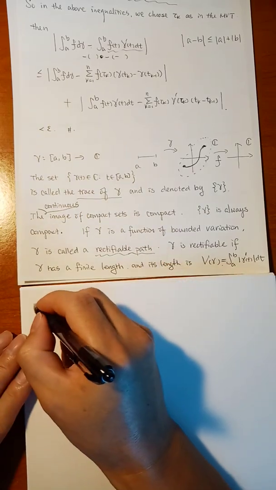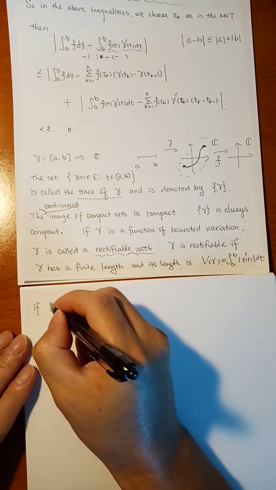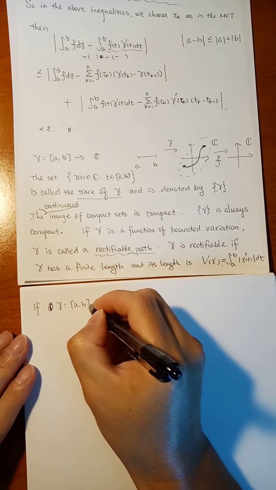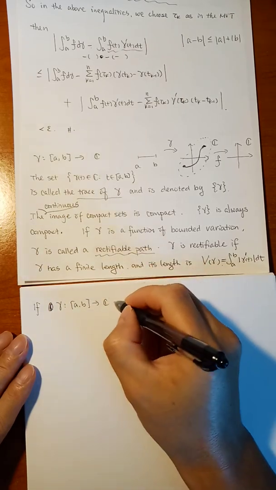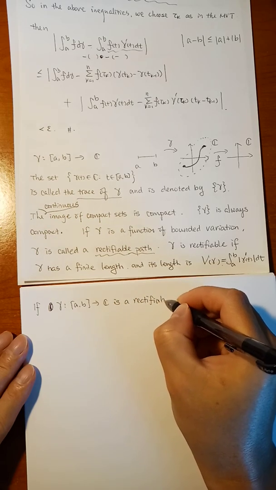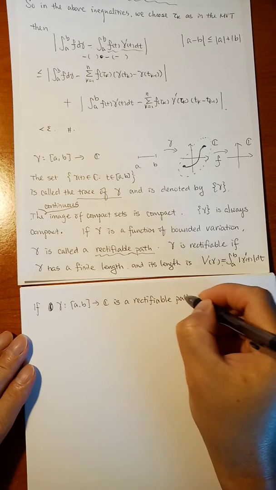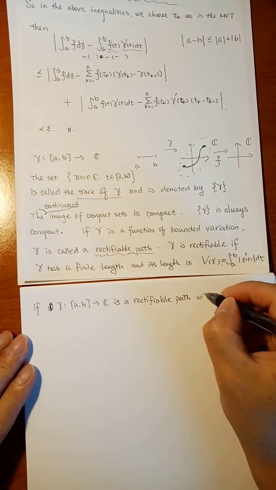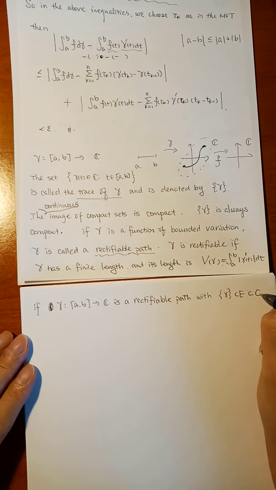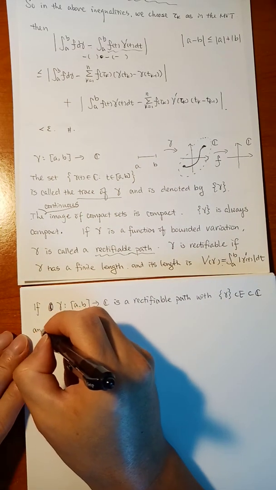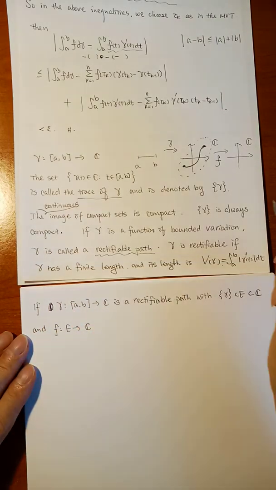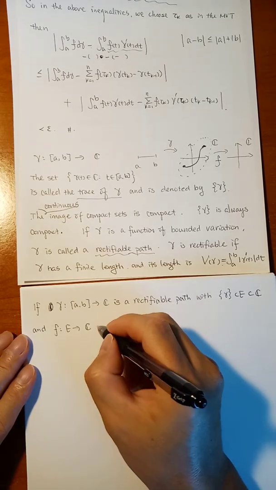So if gamma from [a,b] to C is a rectifiable path, with the trace containing a certain open set E inside C, and f is from E to another complex plane C, and it's continuous.